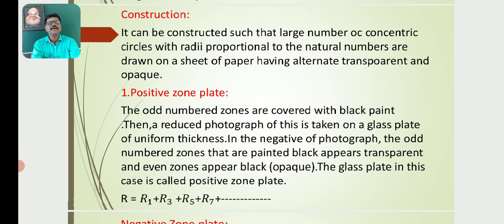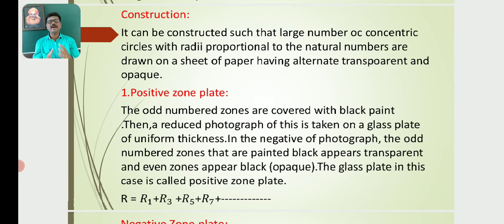So the zone plate can be constructed such that a large number of concentric circles with radii proportional to the square root of the natural numbers are drawn on a sheet of paper, having alternate transparent and opaque regions or zones.